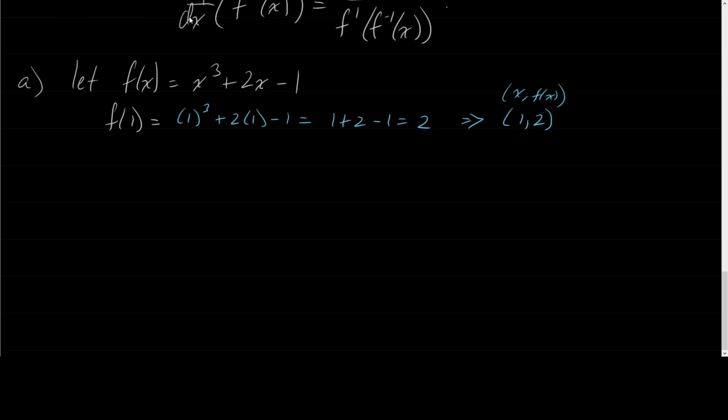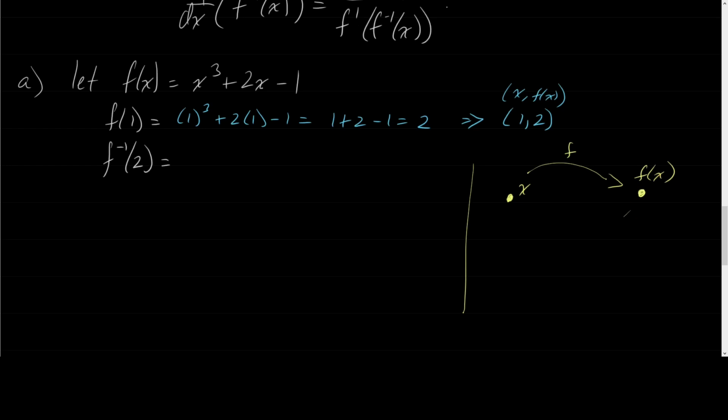So next question. What is f inverse of 2? Well, let's think about that for a second. If I have the point x, let's say here's x. Here is f of x, right? And we go from x to f of x via the function f.